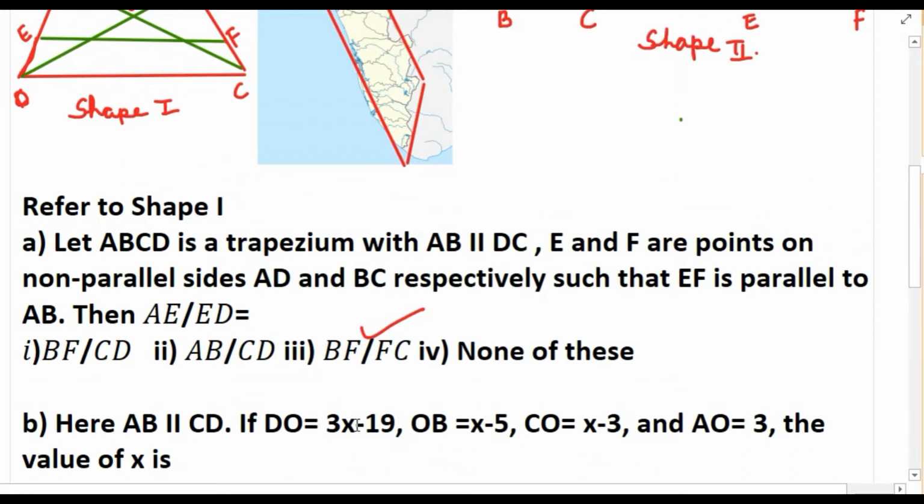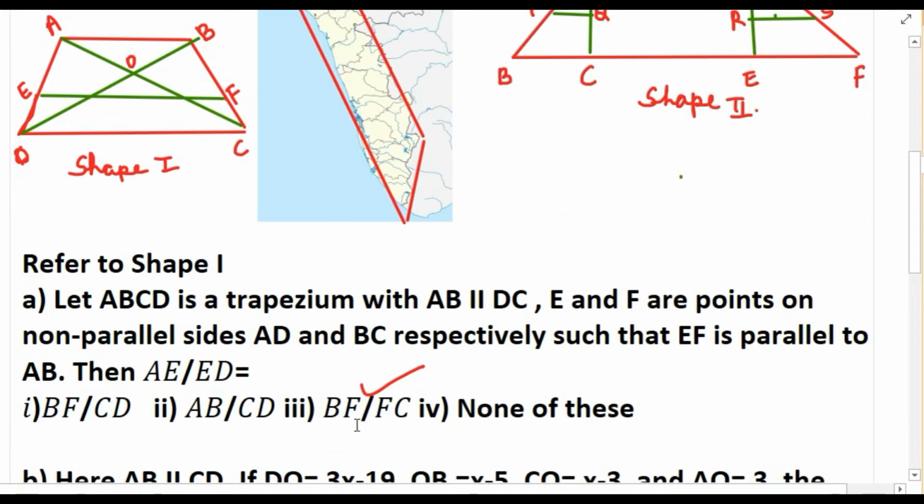You can see in the figure, DO equal to 3x minus 19, then OB is given as x minus 5, again CO is given as x minus 3 and AO equal to 3. We need to find the value of x.